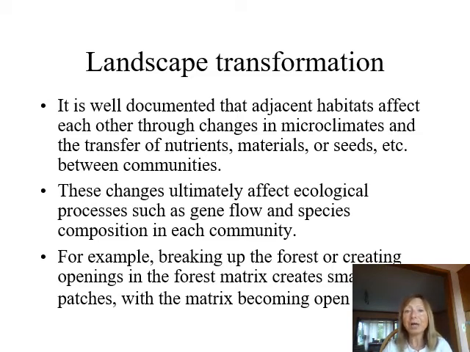So these changes ultimately affect all ecological processes, such as the gene flow, the species composition in each community within the landscape. And so this landscape fragmentation, as you probably know, is the primary cause of the loss of biodiversity, along with climate change. So again, I probably would put the landscape fragmentation almost at the same level as climate change in terms of the urgency that we need to address it.